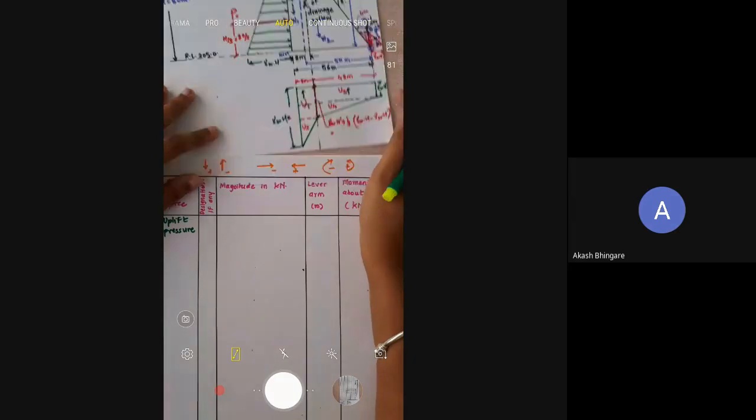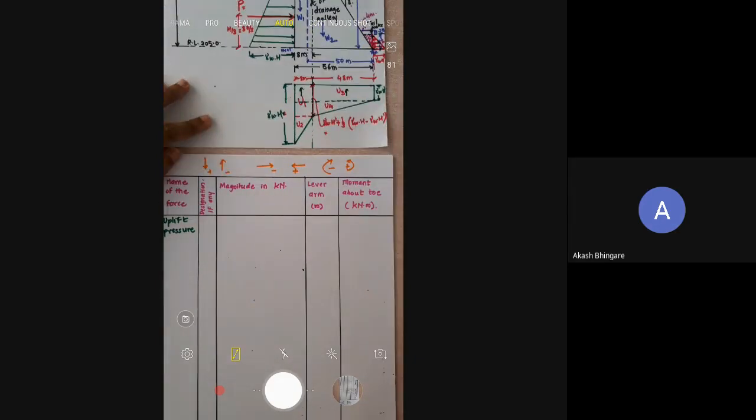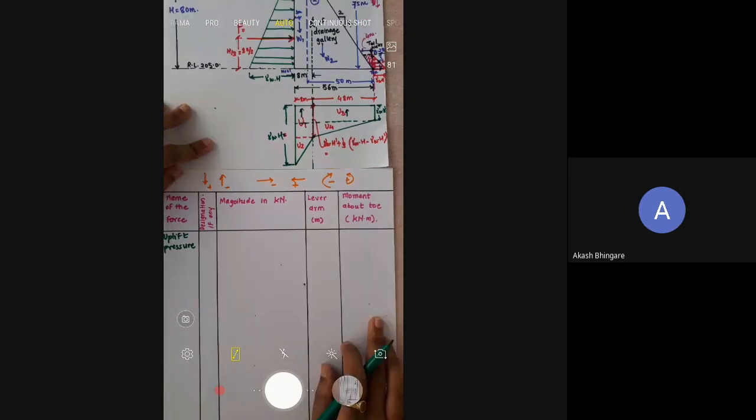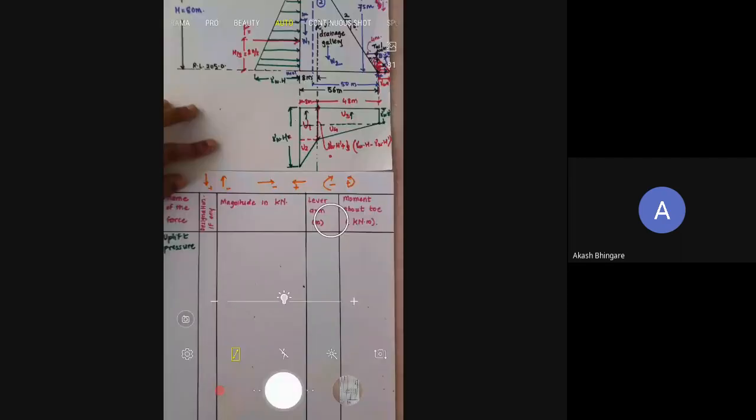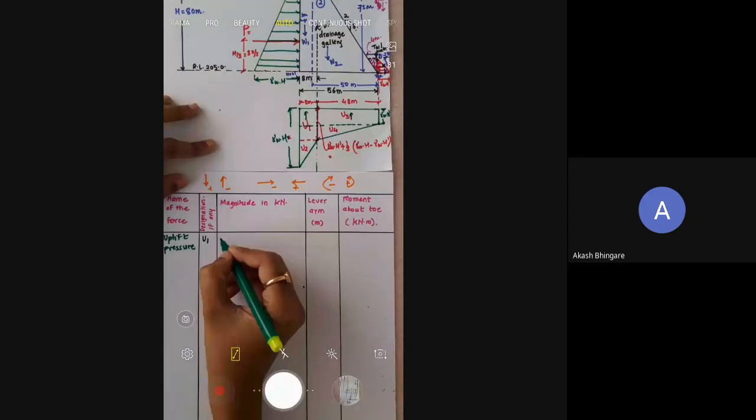All are acting vertically upward. You can observe the sign conventions I have mentioned over here. It will be against the stability of the dam, therefore it will have a negative sign. So U1 sign will be negative.